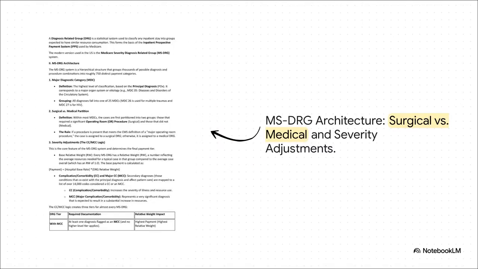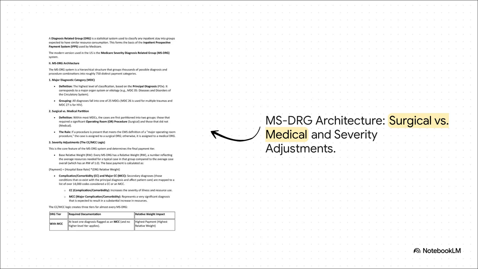Every single inpatient claim starts by funneling the patient into one of these 25 buckets. Once the patient lands inside their MDC bucket, the architecture splits. The case gets partitioned into either a surgical group or a medical group. And this split is based strictly on one thing: whether a significant operating room procedure was performed. If a major OR procedure took place, boom, you go down the surgical path. If not, you stay on the medical path.